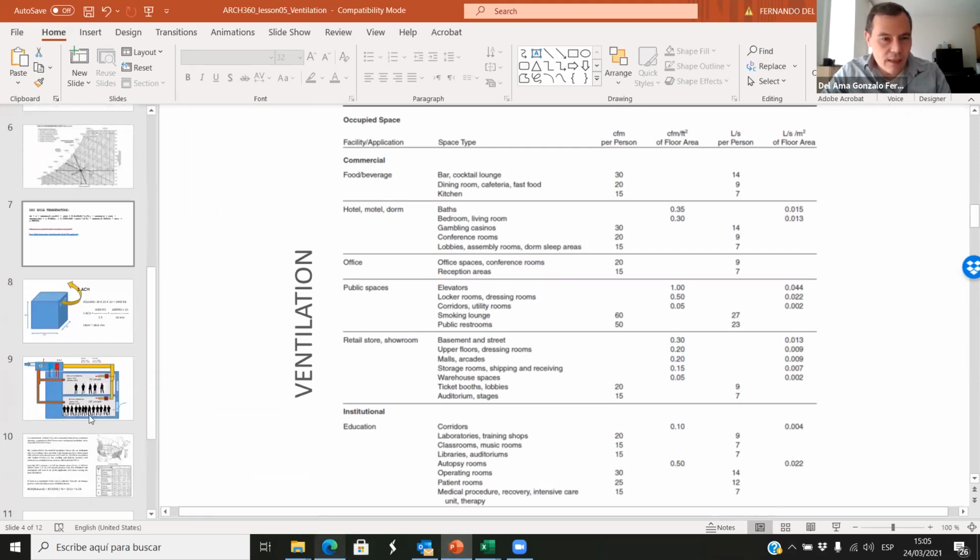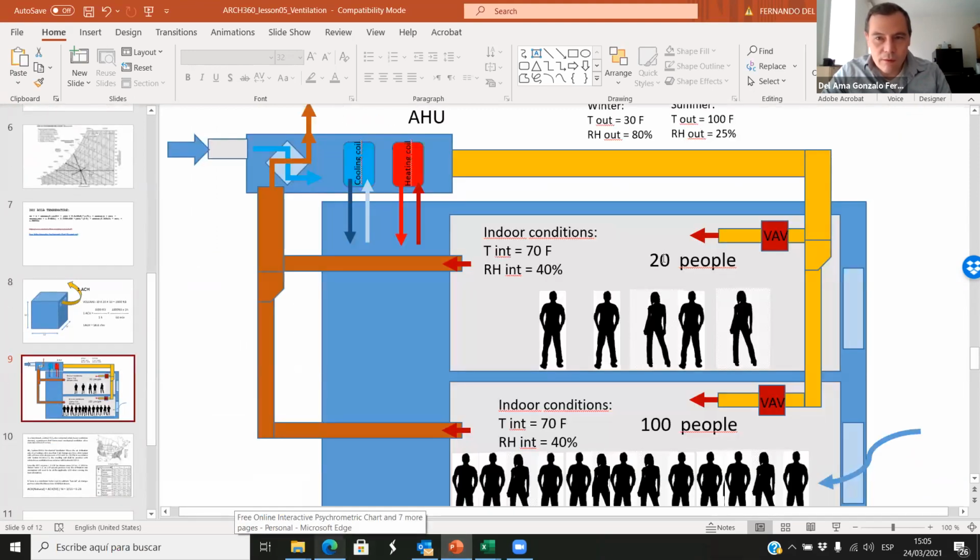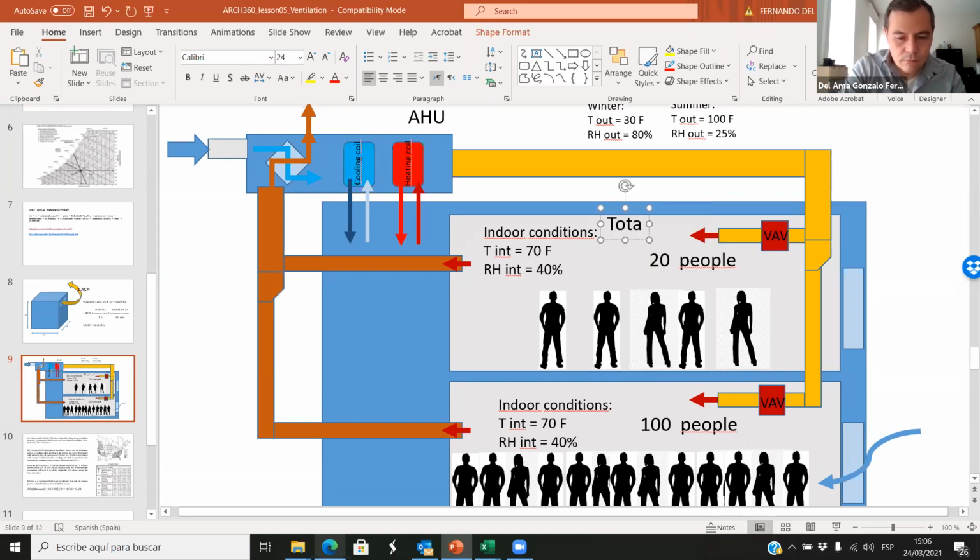Okay, so in this exercise, if we have 20 people, the total CFM is 20 times 20. And this is 400.